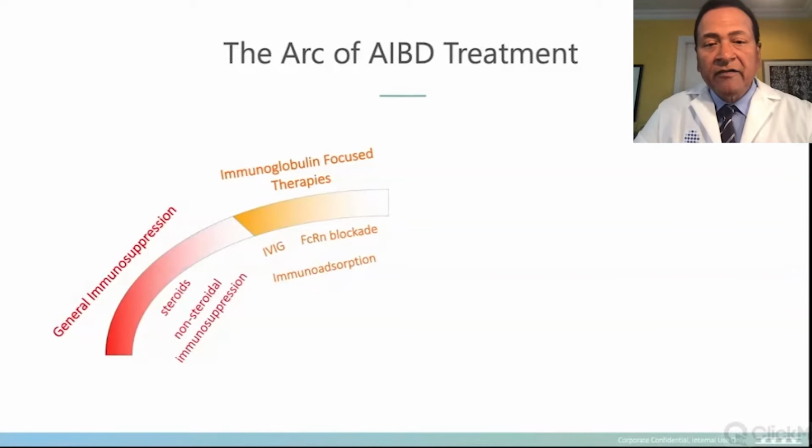More recently, there's been attention on FcRn blockade. These are inhibitors of key molecules that help immunoglobulin stay in circulation. So if those are blocked, the rationale is that there'll be reduction in the immunoglobulins in circulation. And immunoadsorption, just taking blood out from a patient and adsorbing out the immunoglobulin and then putting the blood components back in.